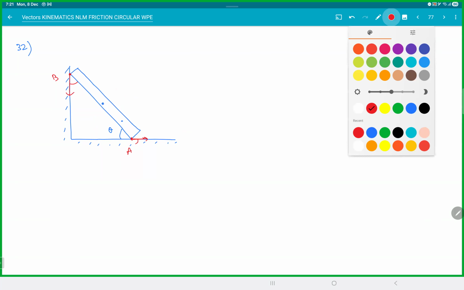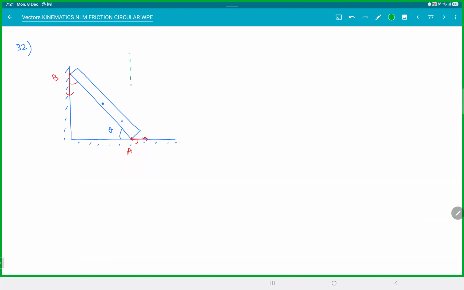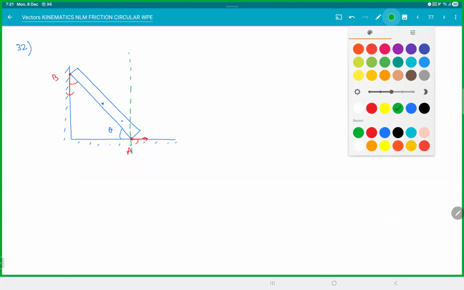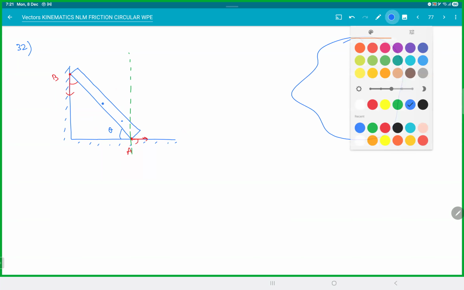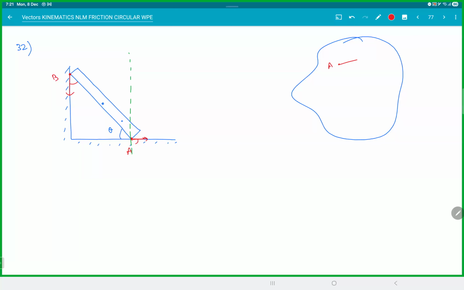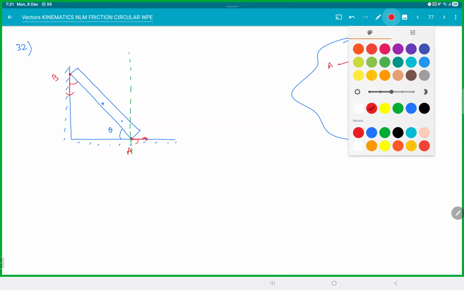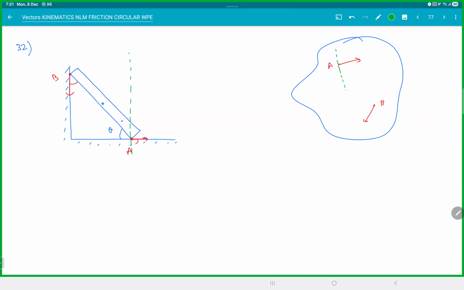Then what you do, draw a perpendicular to these 2 velocities. So imagine we have some random body there. A is going like this and B is going like this. So what you do, drop a perpendicular to line A, drop a perpendicular to line B. The point where they meet is your instantaneous axis of rotation.